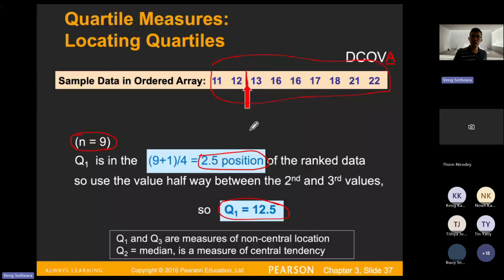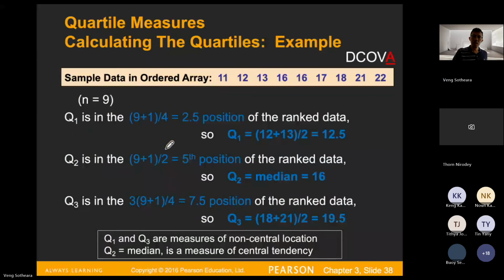With similar calculation, you can get Q2, which falls in the fifth position, and the fifth position is easy to identify: 1, 2, 3, 4, 5. So this is Q2. And Q1 is somewhere here, 12.5.